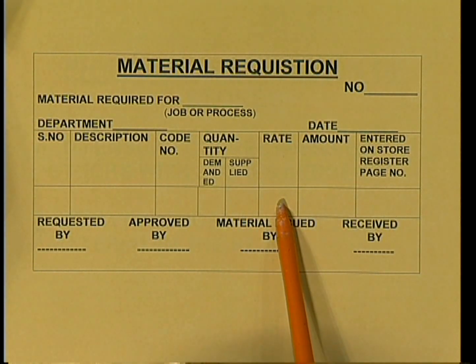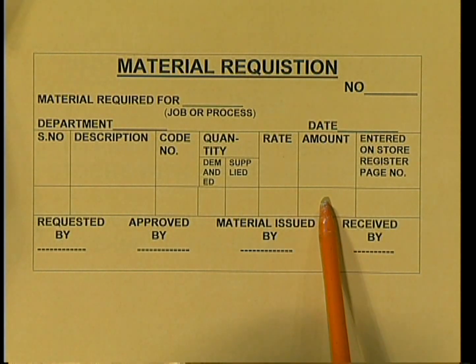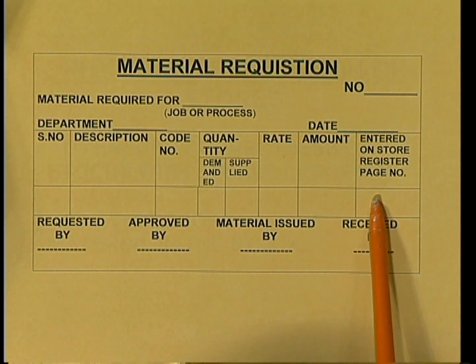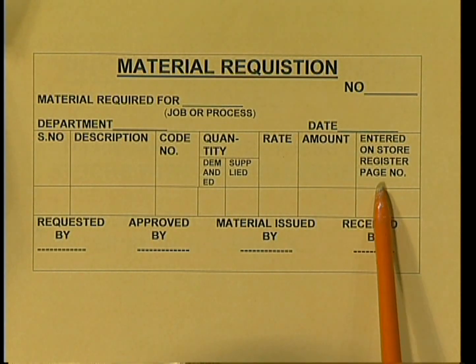Then the rate, what is the rate of the oil, the total amount, and it is entered on the stores register, page number. So how many liters of oil you have given should be entered in the stores register. So so many liters of oil was given to so and so department according to the number here.